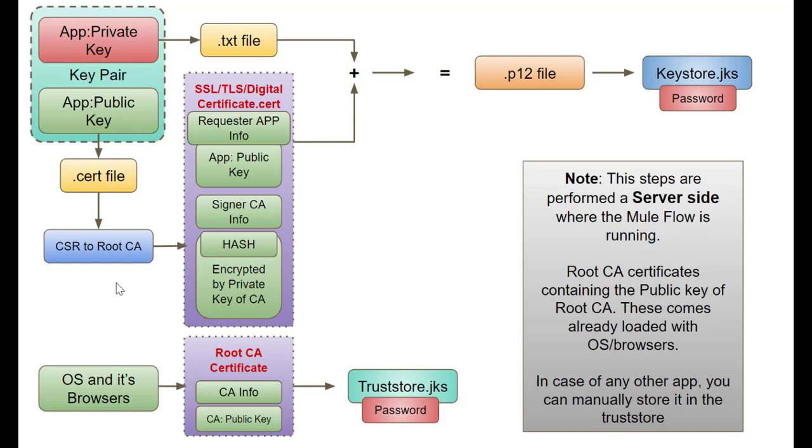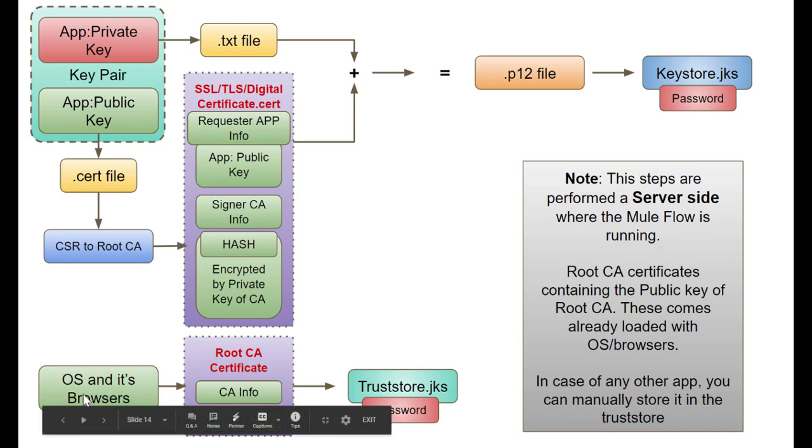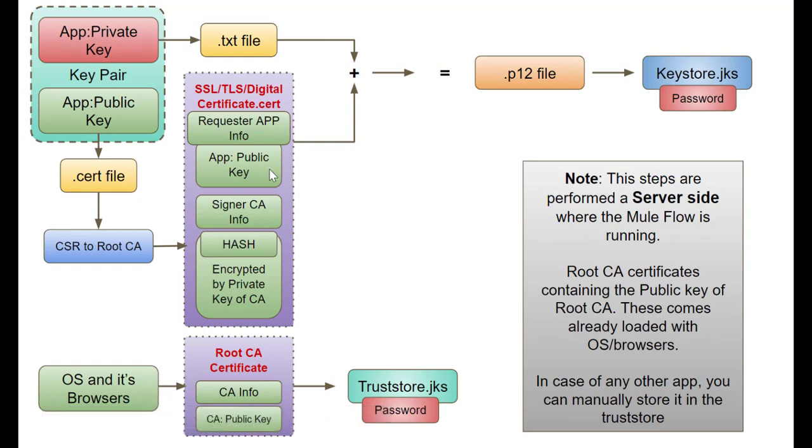Okay, and here I have shown you that the OS and its browsers actually come with the public certificates, the root CA certificates, which have the public key of the CA. This is how it actually looks like.